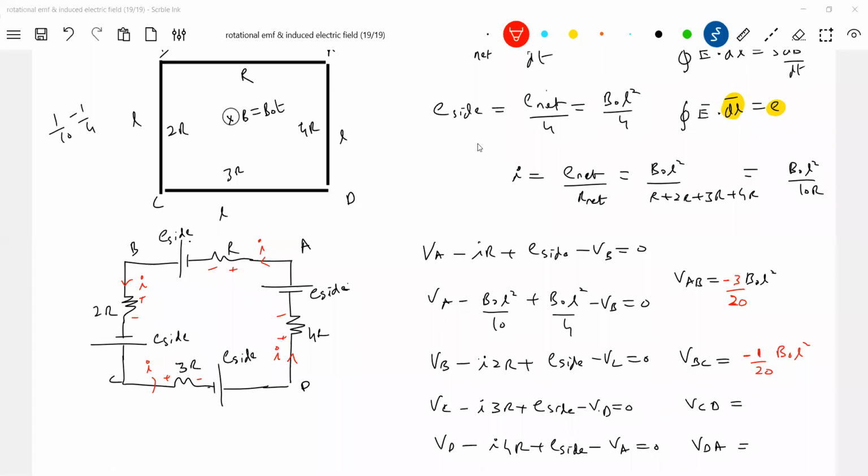Last, VCD and VDA. Plus 1 by 20. Plus 3 by 20.